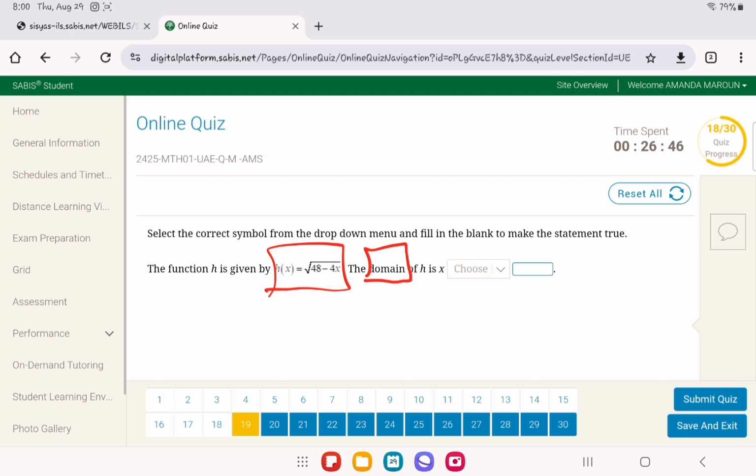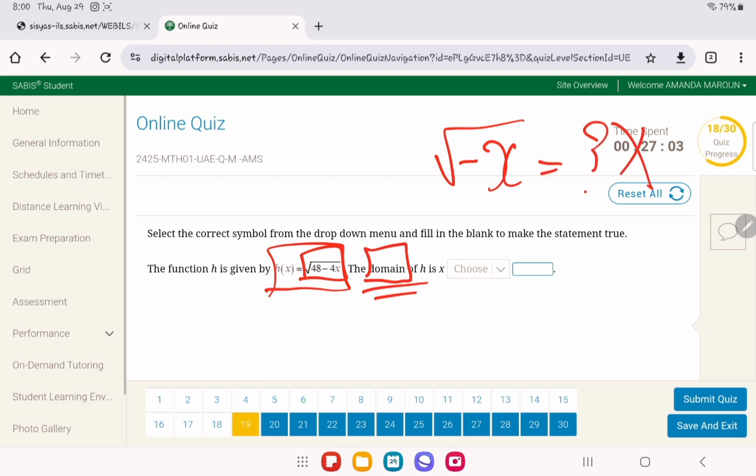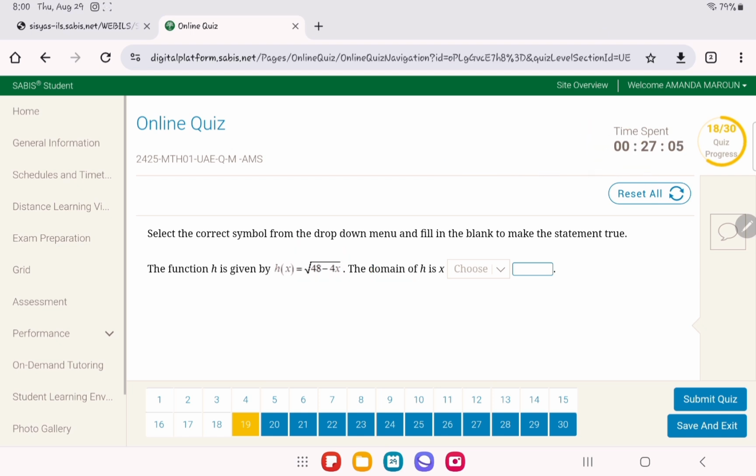So we need to solve for the x here whenever they ask us for the domain in this type of question. Here, if we have a negative value in the radical, for example, negative x, will we get any answer? No. So we have to make sure our value is not negative. How do we do that?